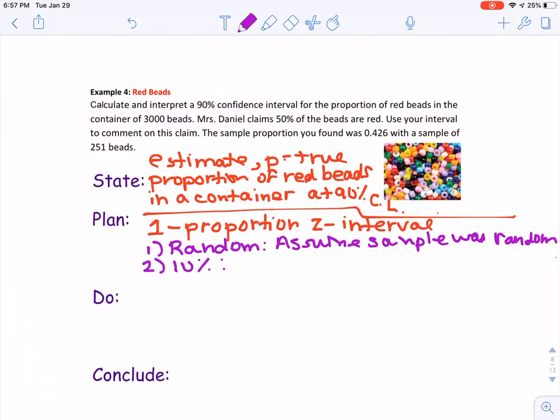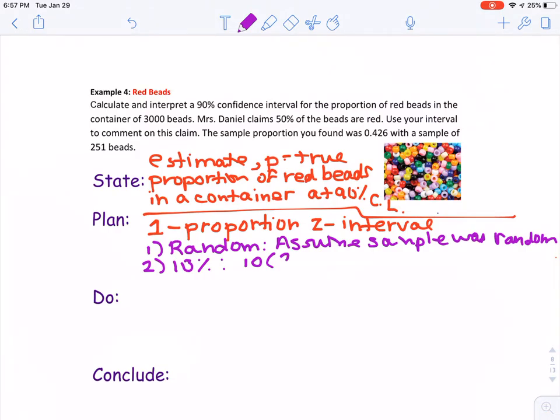Okay, so the next part is the independence piece, which is the 10% condition, and this is where we would show that the rest of the problem goes on to say Mrs. Daniels claims that 50% of the beads are red. We want to use the interval that we're going to construct here to comment on this claim. So we'll do that at the end. The sample proportion you found was 0.426 from a sample of 251 beads.